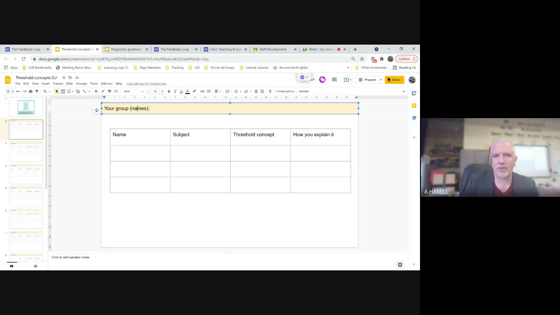So if you could start off in your groups, just chatting with each other. And this is where the fact that you're in with people that teach a very different part of the curriculum from you can really help, I hope, because I hope you're going to be saying things as a threshold concept in your subject that other people in the room are going to go, I don't think that I know that. So hopefully that gives you a good opportunity to bandy those around a little bit.